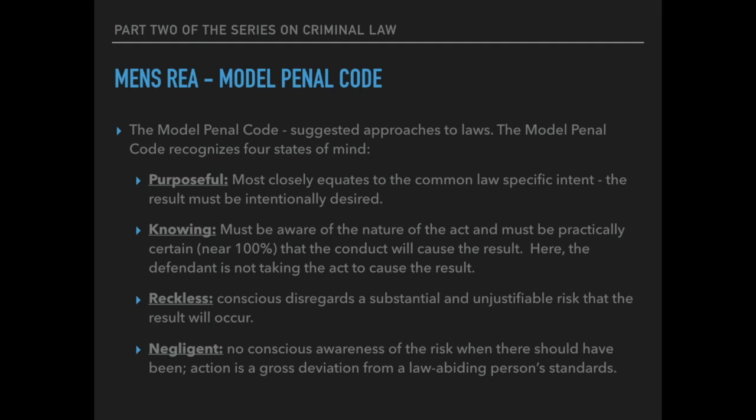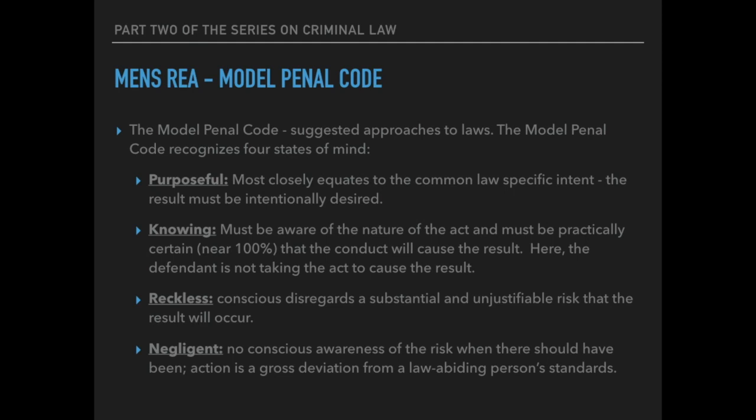Then there's just negligence, okay? You're not consciously aware of the risk when you did something. Your action, however, is a gross deviation from what a law-abiding person would do in that situation. A lot of times this is like texting and driving. A lot of people think, oh, if I just text for a second, if I just look down for a second, everything should be okay.